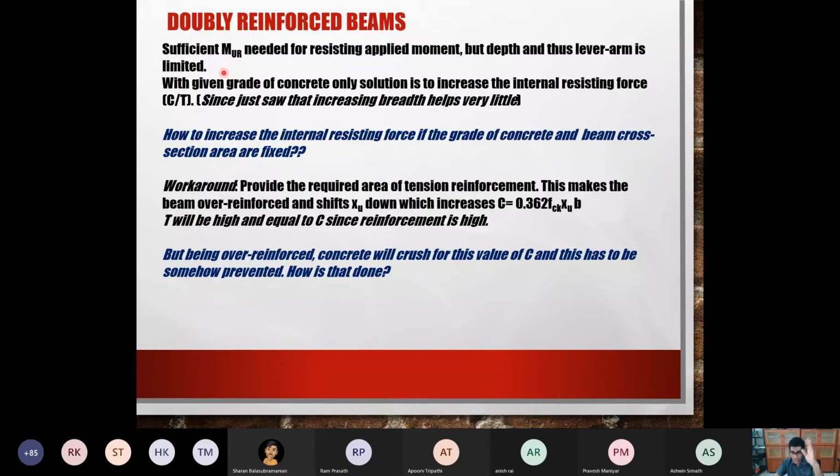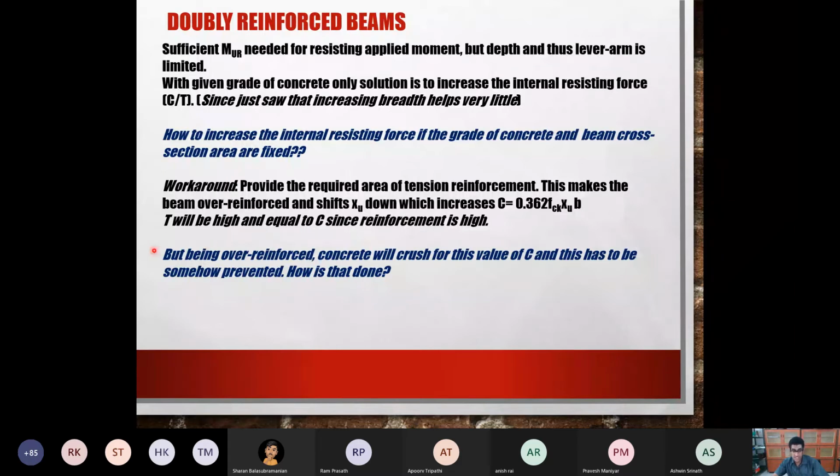Once you do that, it will make the beam over reinforced and the neutral axis will shift a bit down, and this will increase the compressive force, because when your neutral axis shifts down, the area of that parabola will become bigger and the compressive force will increase. And since the reinforcement is also high, your tension will be high and it will be equal to C.